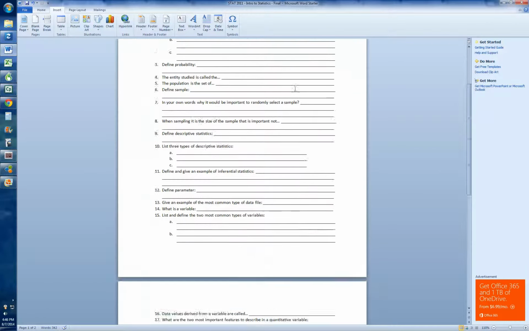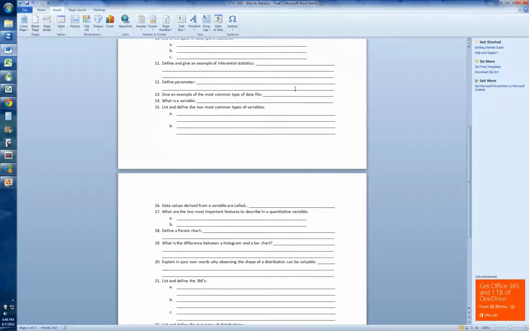Number 12, define parameter. A parameter is the value for the entire population, right? So probably the easiest way to say that is the parameter is the values for the entire population, as opposed to a sample, which is just something chosen out of the parameter.